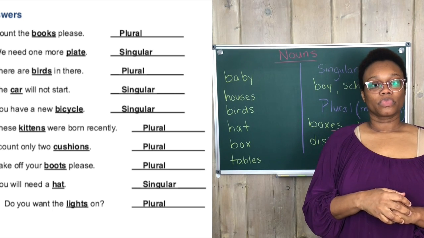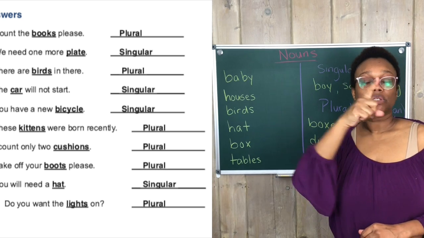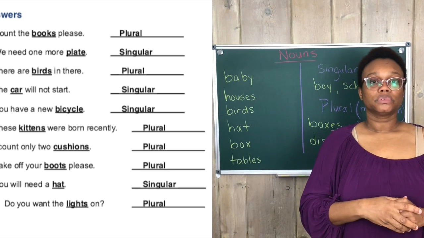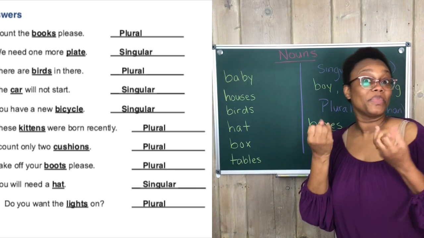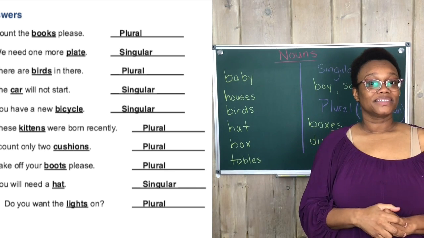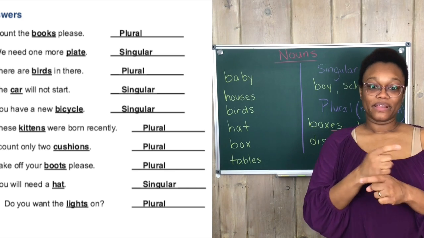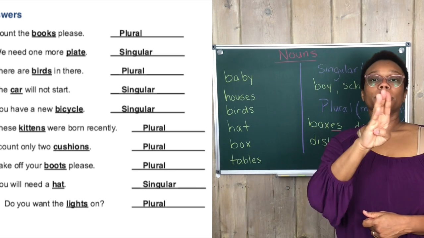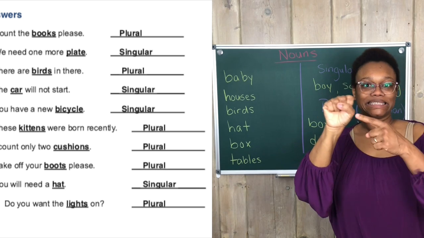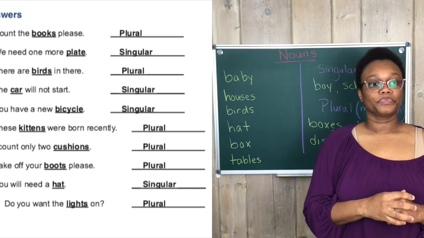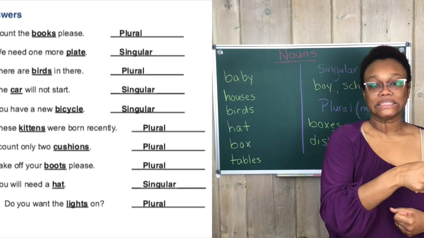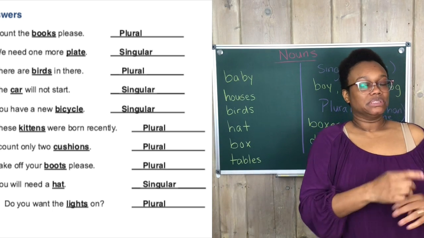Number 3. There are birds in there. Birds, B-I-R-D-S, is that singular or plural? You're right, it's plural. Why? Because there's an S at the end of the word. Number 4. The car will not start.